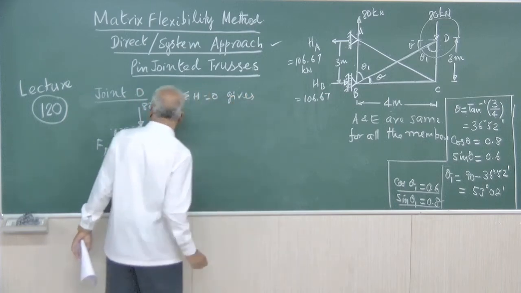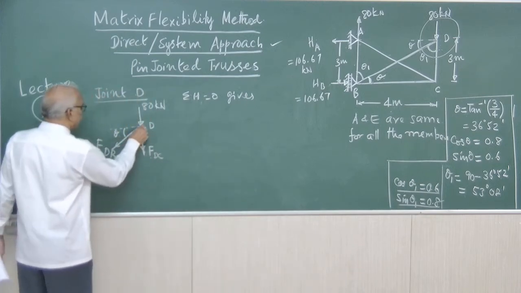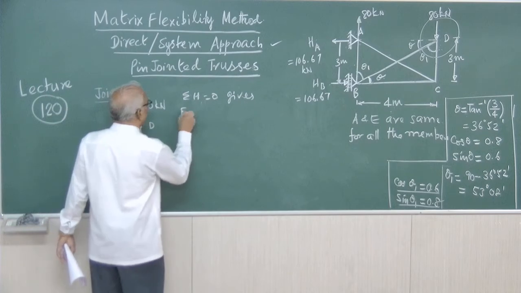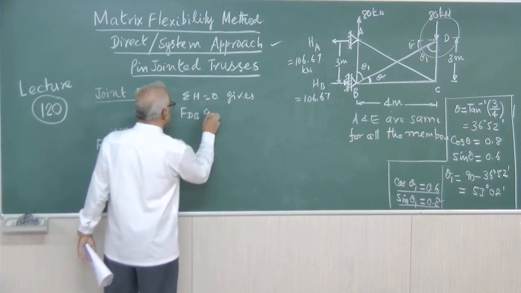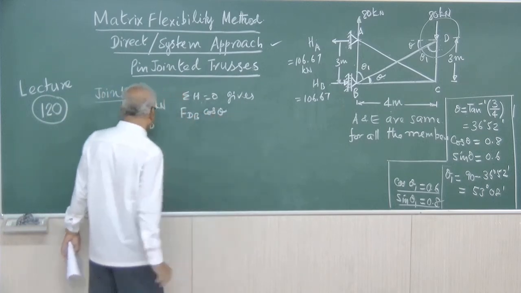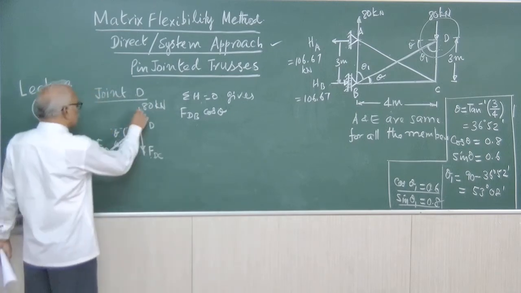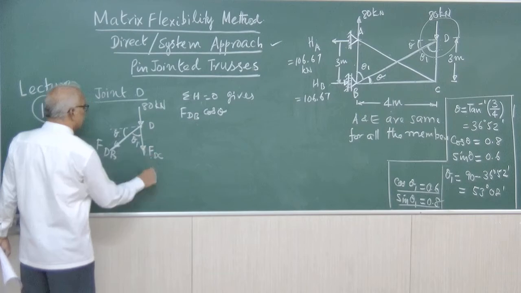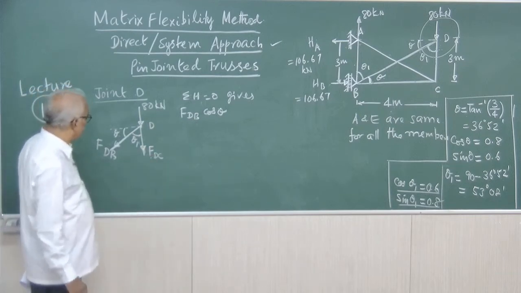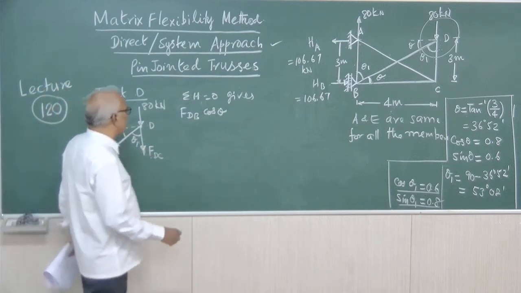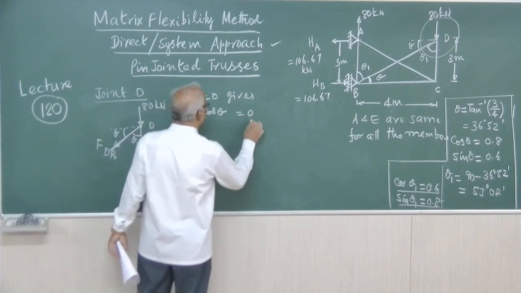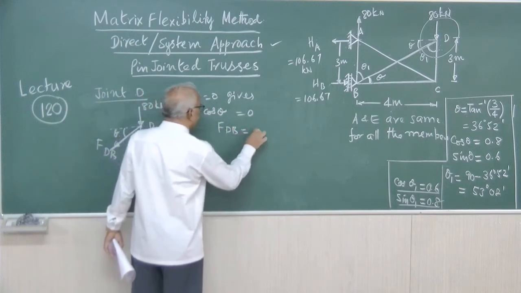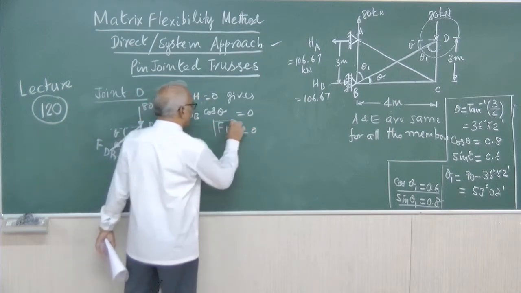Sigma H equal to 0 will be FDB into cos theta. And these two are vertical forces. They will not give any horizontal component because cos 90 will be 0. So, this is the only term equal to 0. When there is no other force, FDB will be equal to 0. That's all. So, this is one value.